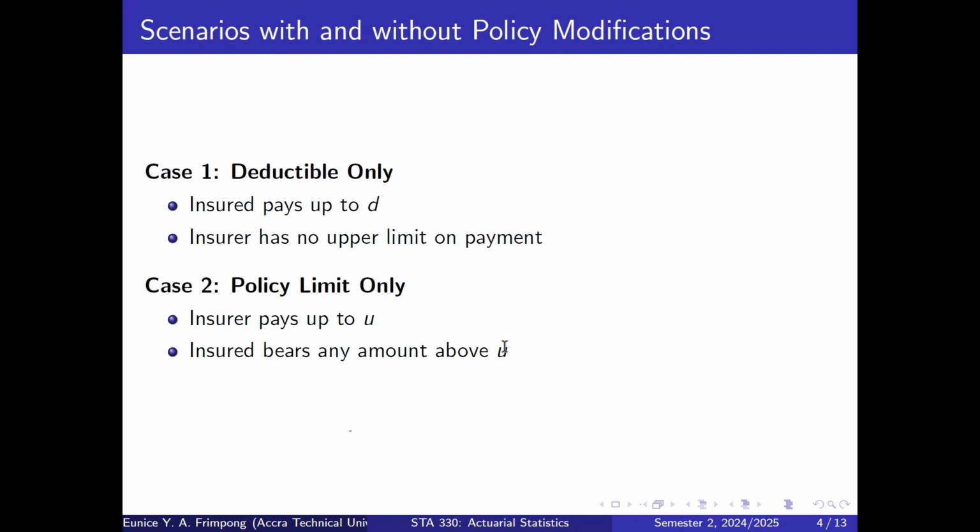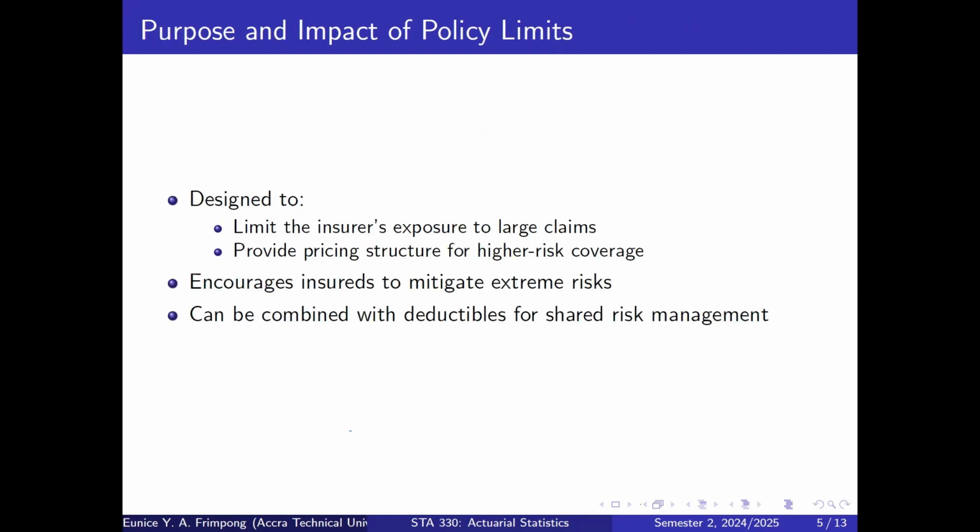So, why do insurers include policy limits? First of all, to control their exposure to very large, unpredictable claims. Second, to allow for tiered pricing so that higher risk individuals can still get some coverage at an affordable cost, right? So if you're a very high risk individual, you will not simply be dismissed or ignored, but you still can get some coverage for yourself.